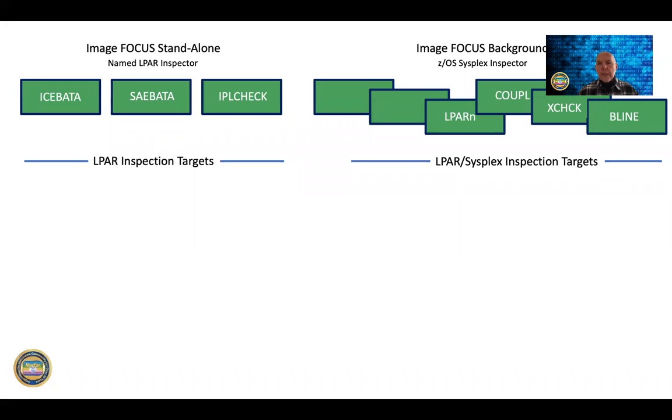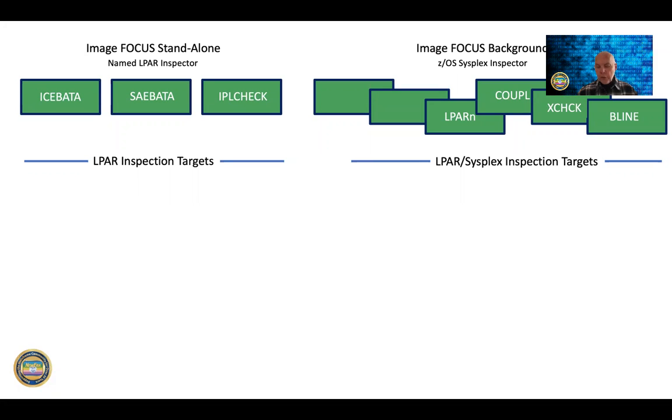They're checking the parameters and relative values, relational integrity of componentry within each of the individual images. The cisplex inspection takes that a bit further, checking the coupling facility and cross-checking the parms that need to agree and those that cannot agree in order to determine if all the LPARs will be good citizens in the ultimate cisplex, and it builds what we refer to as baselines or packages.